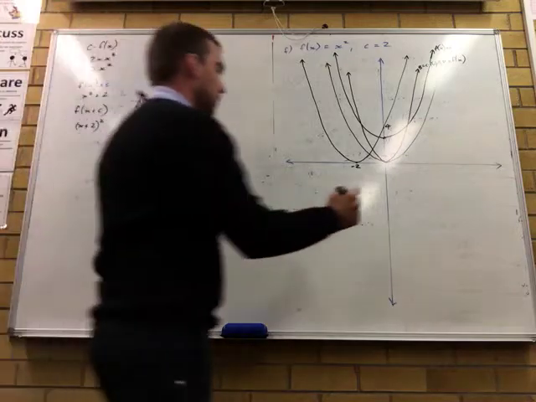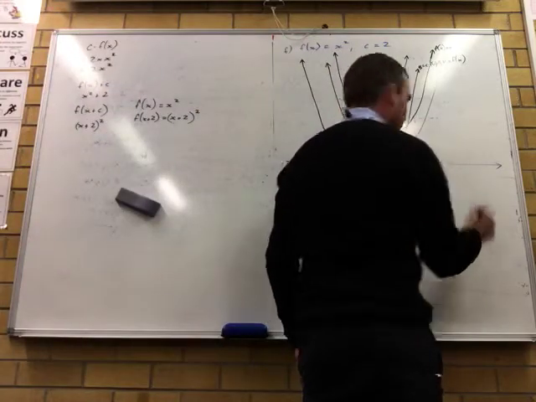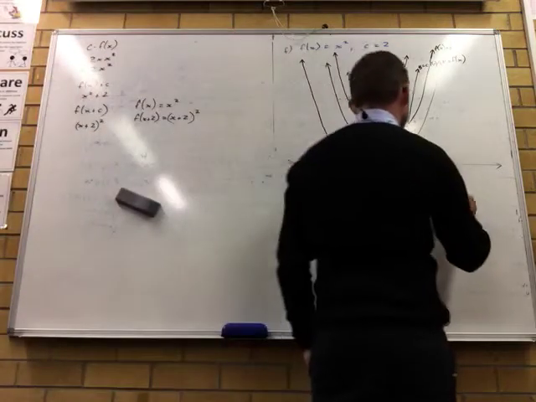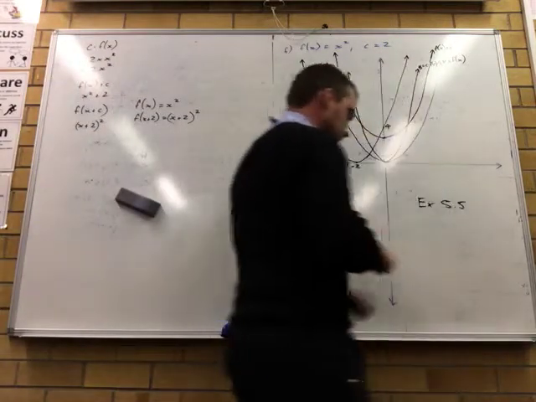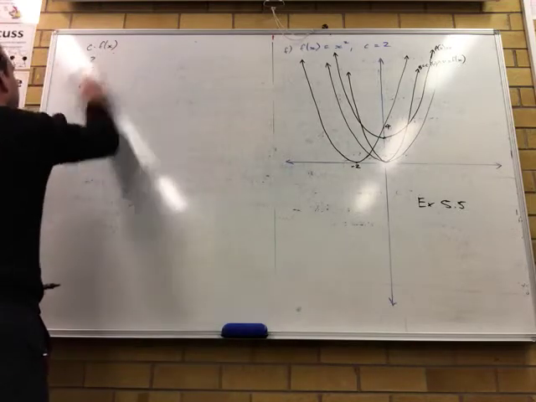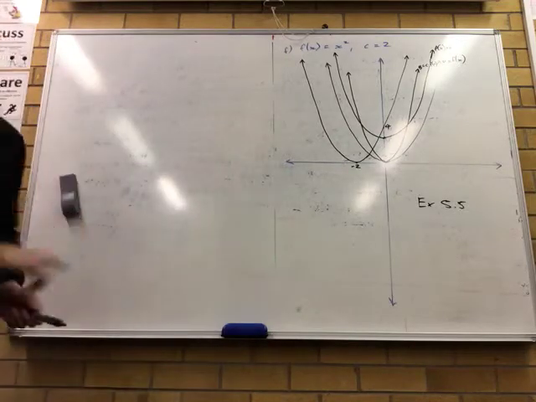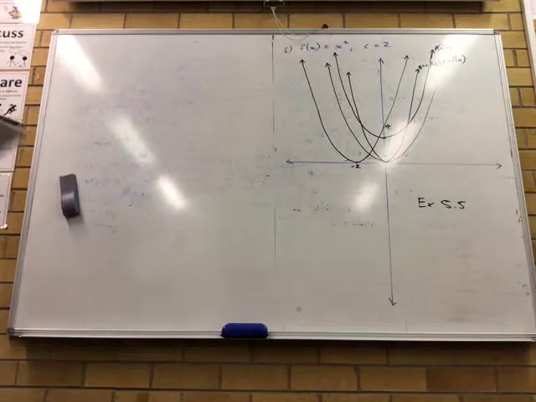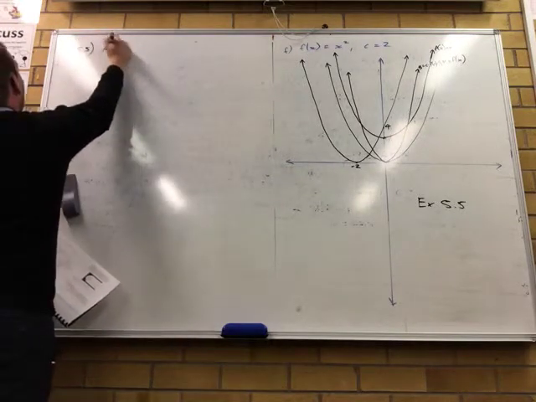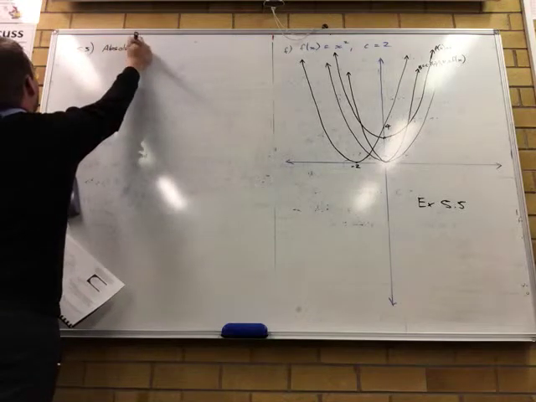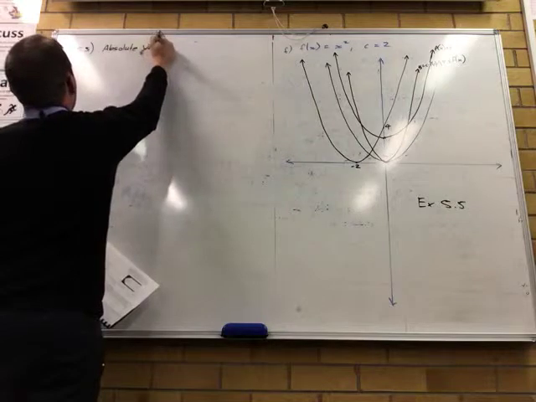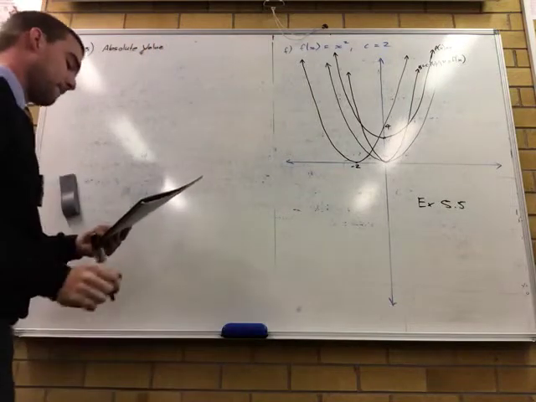Right, so that covers exercise 5.5. Right, we'll make a start on the next section, 5.5, absolute value function.